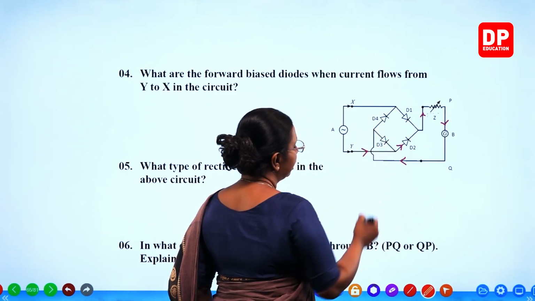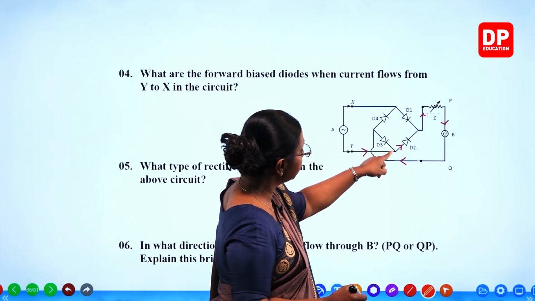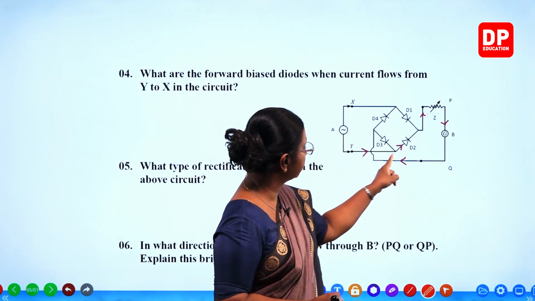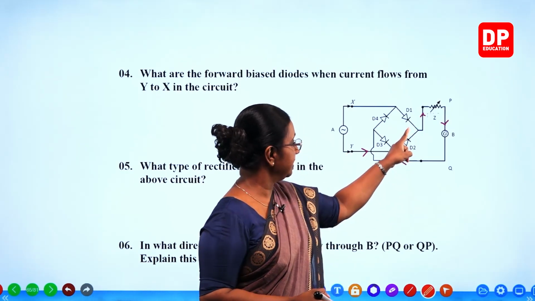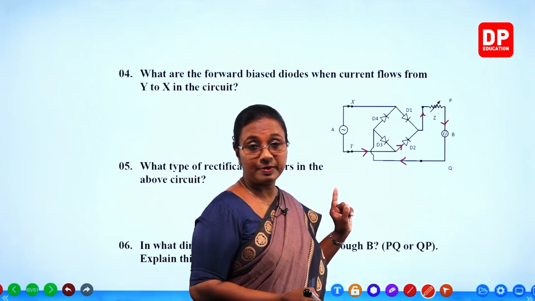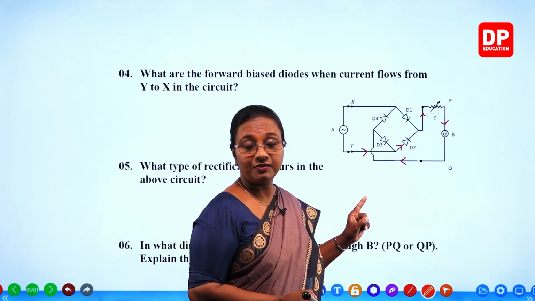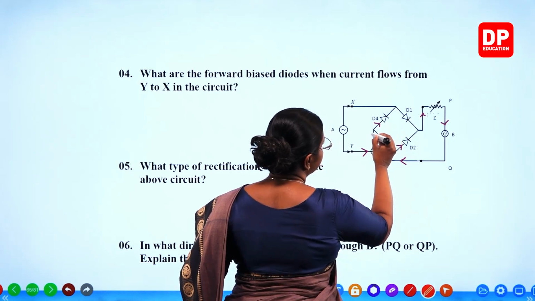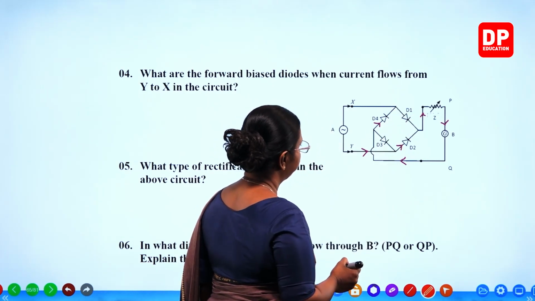Again D4 and D3. You can see D3, although it allows current to flow this way, here there is the flow of current in this direction. Because of that, D3 is reverse biased. D3 doesn't allow current to flow. D4 is forward biased and allows current to flow this way.